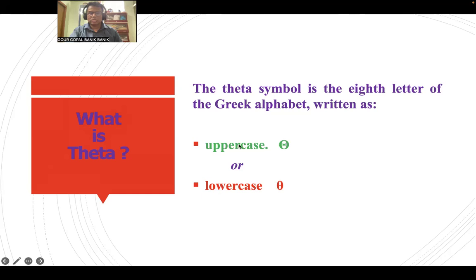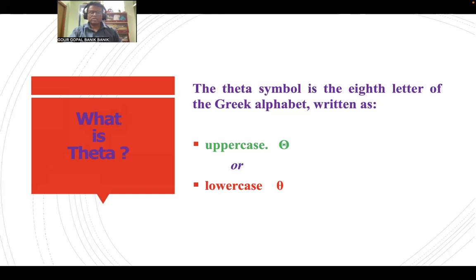The upper one is not used. The small theta is used in trigonometry. So we have to get acquainted with this small theta. Remember, it's the eighth letter of the Greek alphabet.